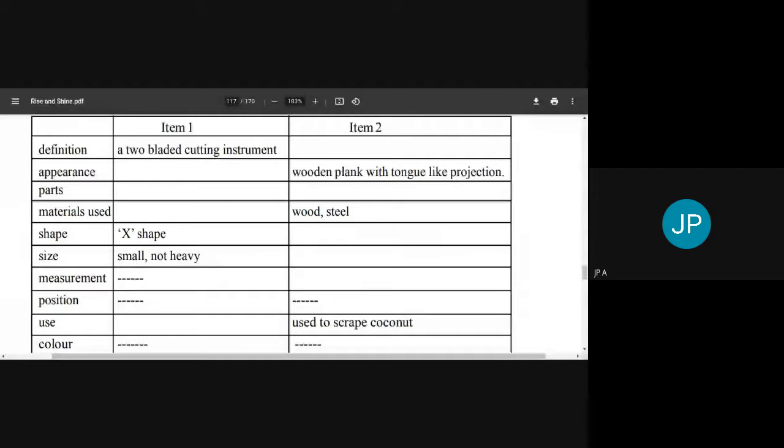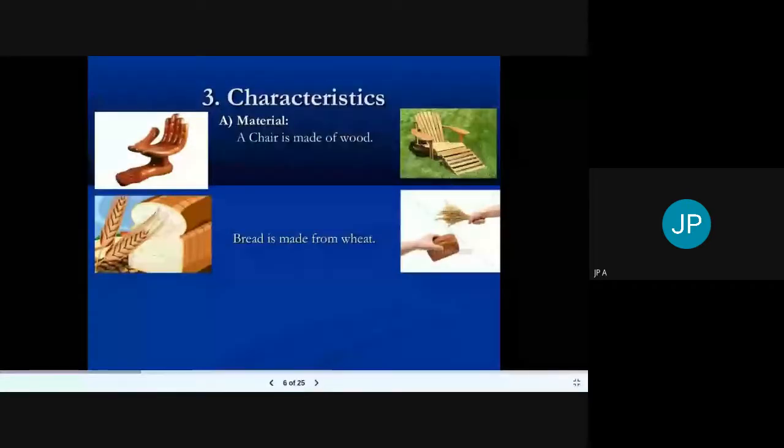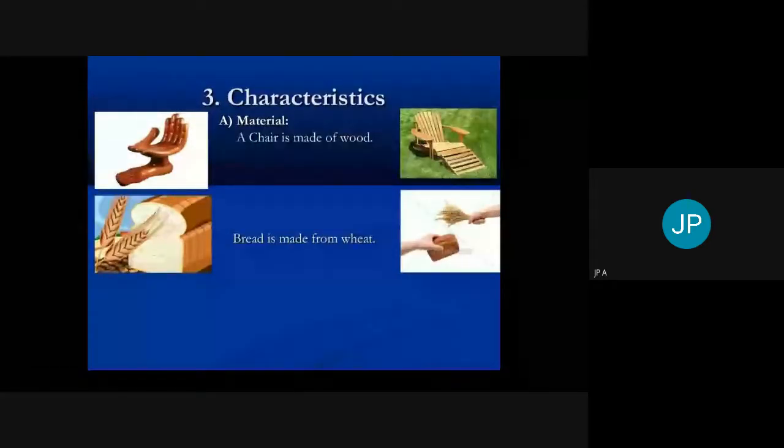For example, the seat of the coconut scraper is made of wood, whereas the tongue of the coconut scraper is made of iron. So if two different parts of the same object are made of two different materials, we have to mention that. So that is the material. For example, we say that a chair is made of wood, whereas bread is made of wheat.